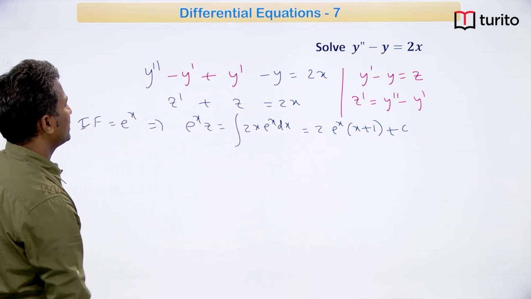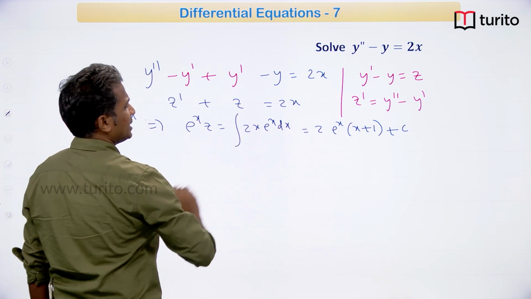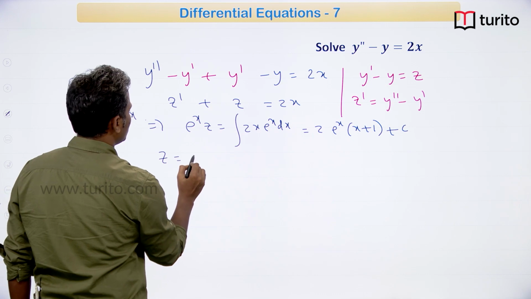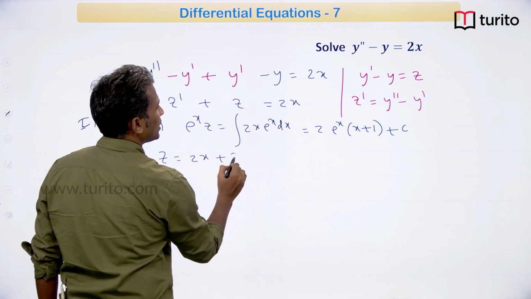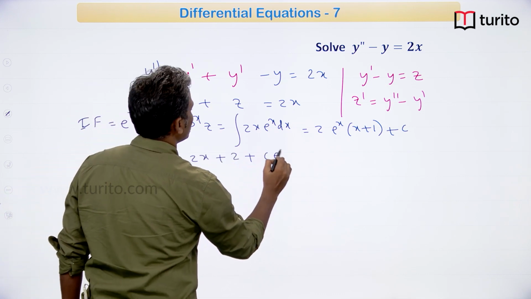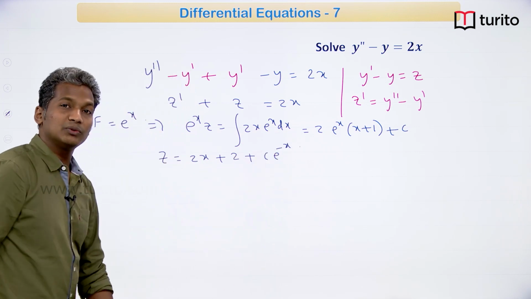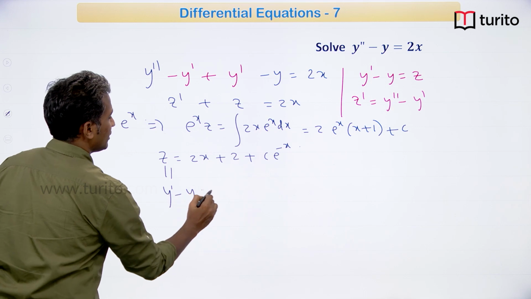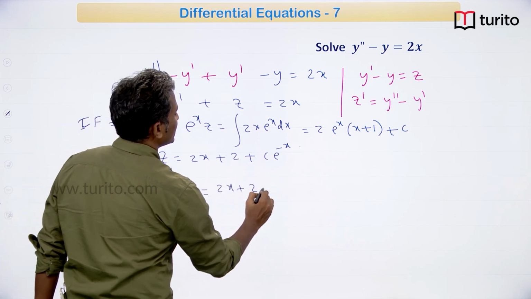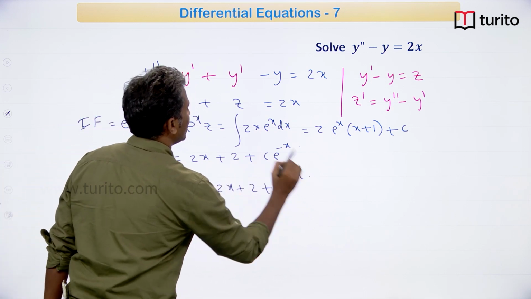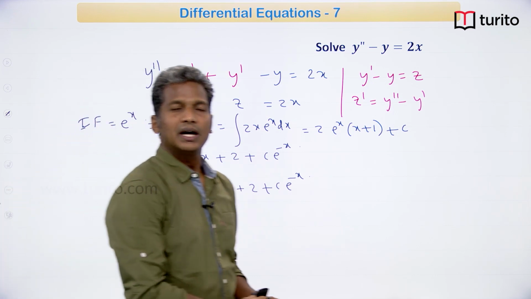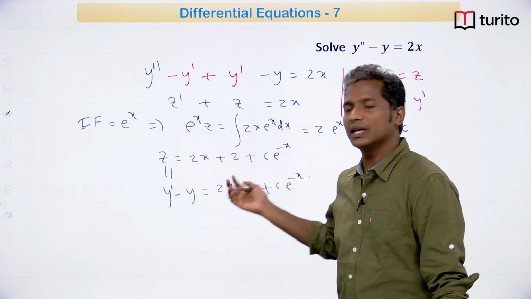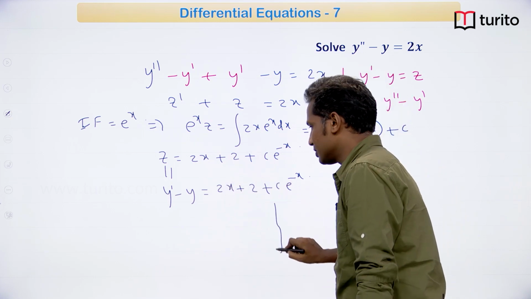If we divide by e raised to x here, z is equal to 2x plus 2 plus c into e raised to minus x. But z is nothing but y dash minus y. So, this is now converted into another linear differential equation and we have to solve this. This way we can finish the problem. I am leaving the solutions to you.